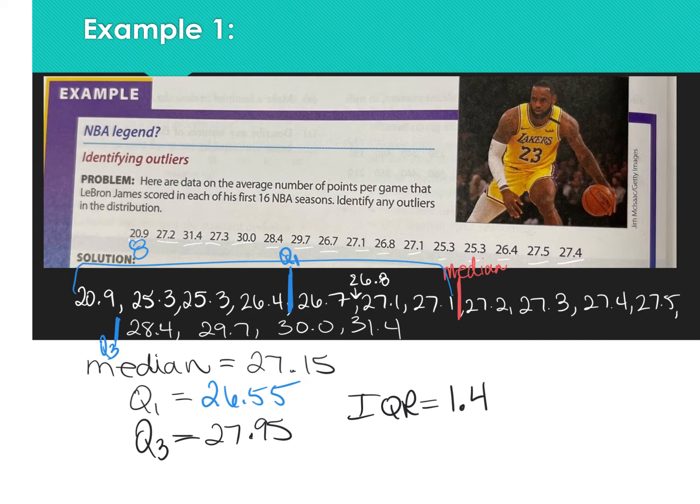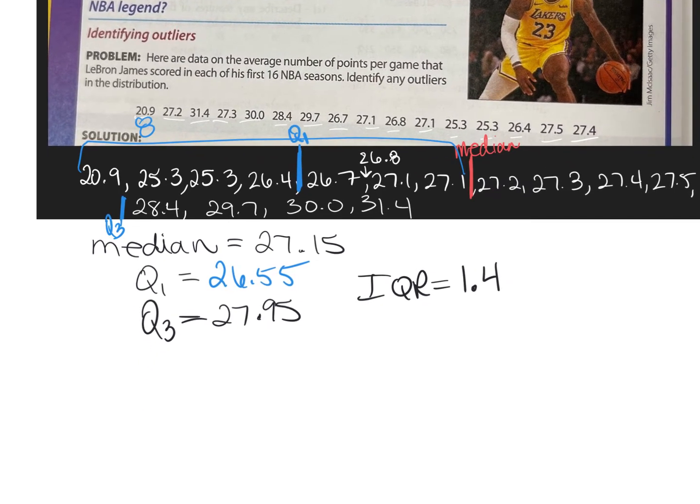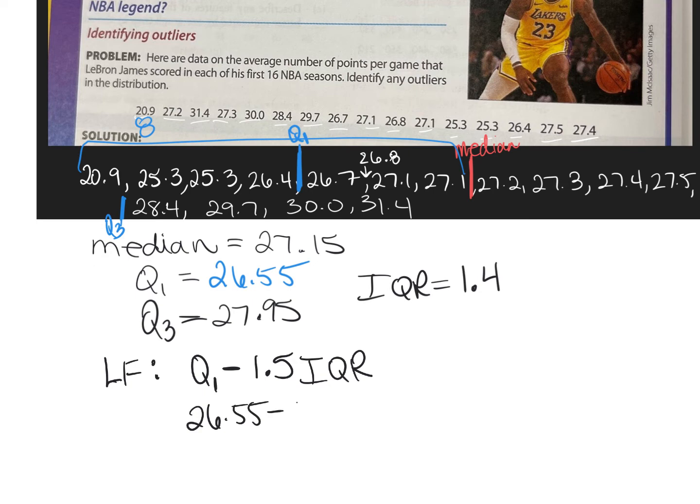Okay, then we plug it into our equations. The lower fence, we'll just abbreviate LF, is Q1 minus 1.5 times the IQR, which is 26.55 minus 1.5 times the IQR of 1.4.